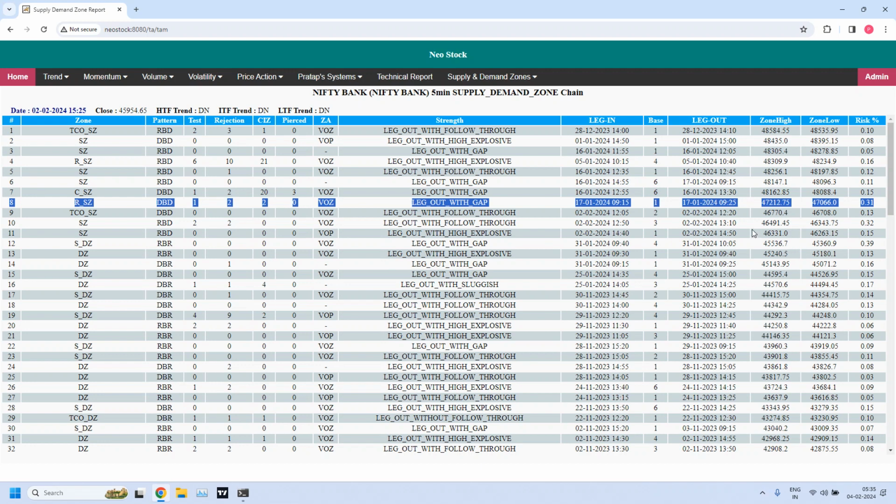After that, one of these zones will be violated easily, and that way you will find new ranges. In that period, new high liquidity demand zones or supply zones will be created. That's why time to time we need to watch.